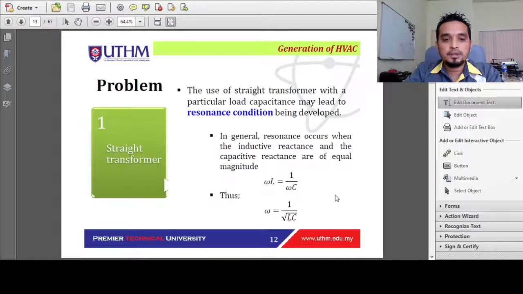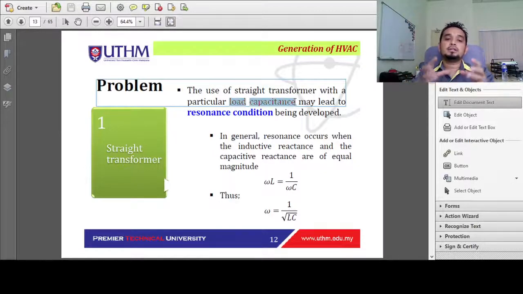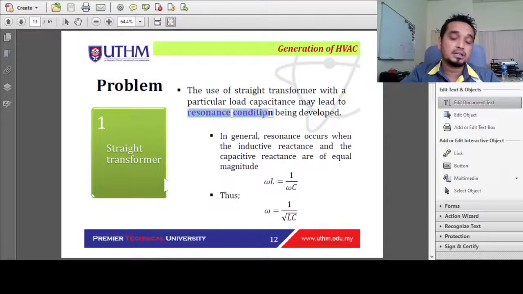Okay, there is a problem with the straight transformer. With a certain load capacitance, if we use this test transformer connected to the load, which has a capacitance value, a certain value can introduce resonance. What is resonance?